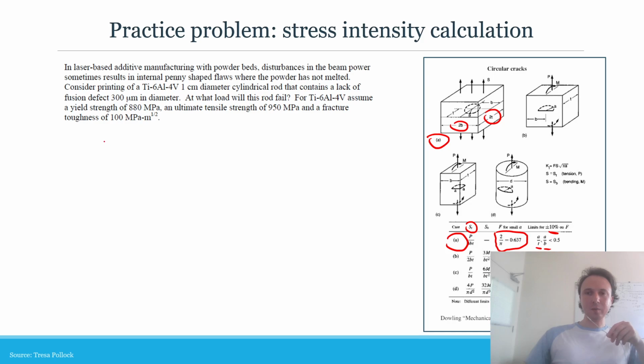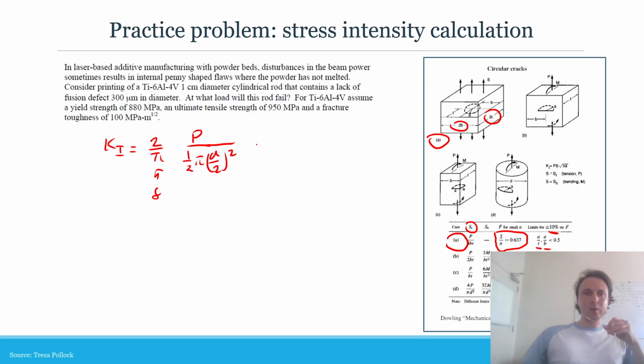So now we have K1 equals, and A is the radius of the crack, which in this case will be half of the diameter. So F is 2 over pi. The stress is the load, which we don't know, over the area, which in this case is the area of the circle, so pi times diameter over 2 squared.